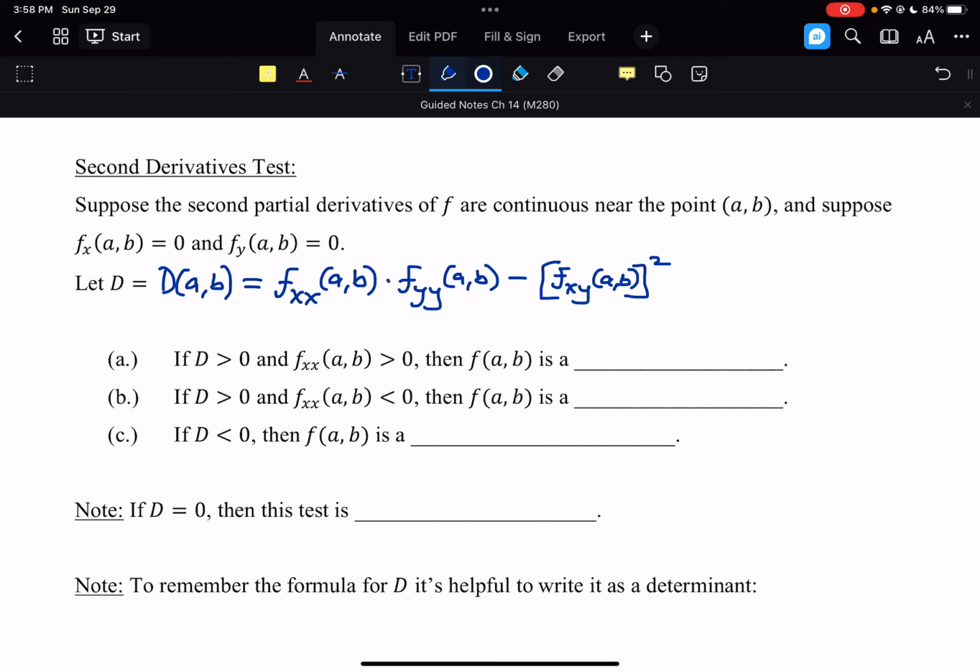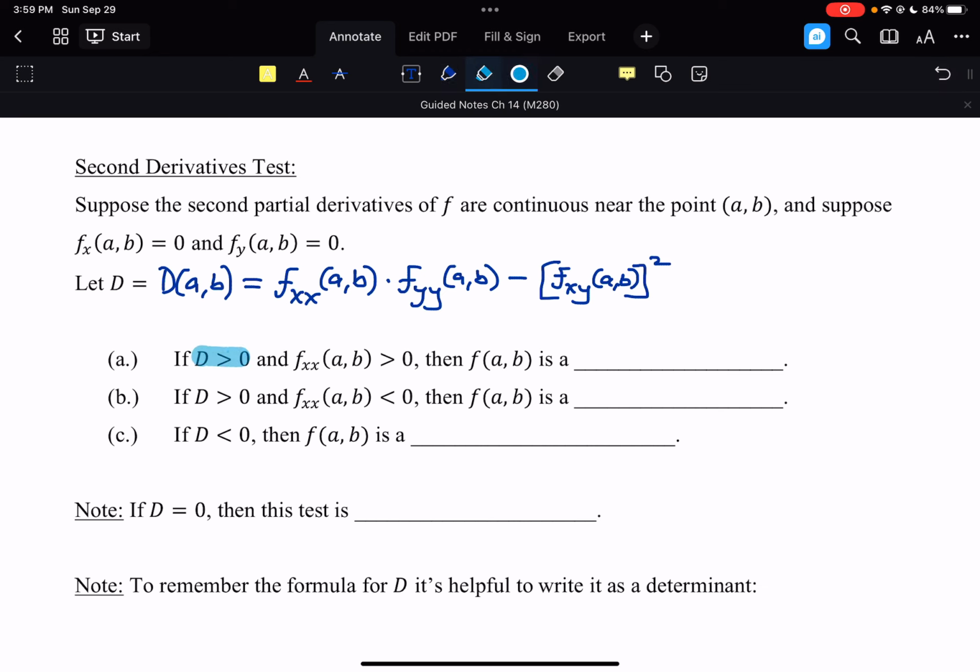Now, what this value gives us is the following potential results. If D is greater than 0, as you can see in these first cases A and B, this tells us it is definitely either a max or a min. If D is positive, it is a max or a min, but we just don't know which one. That all depends on the value of fxx.